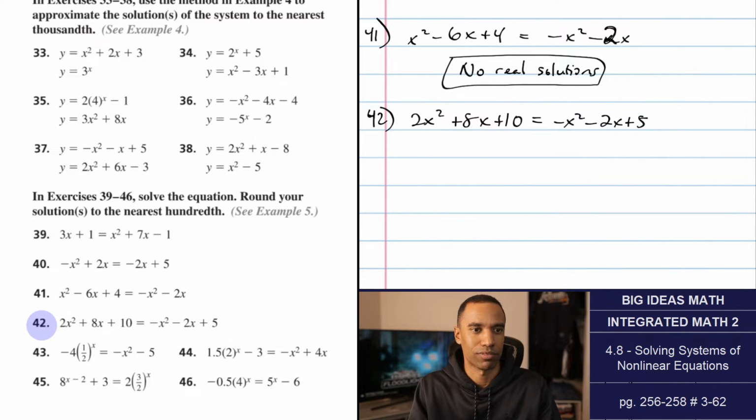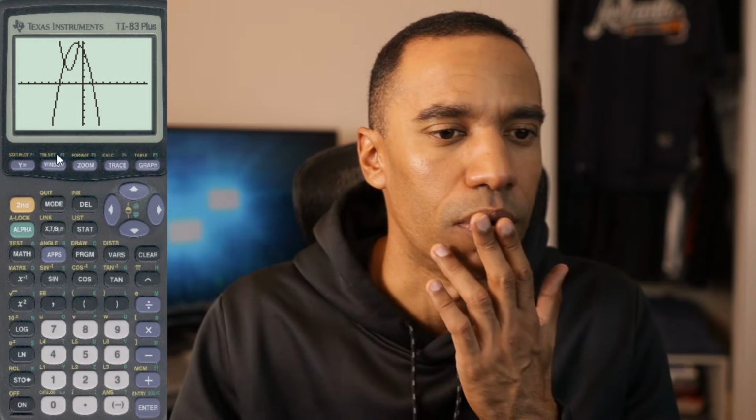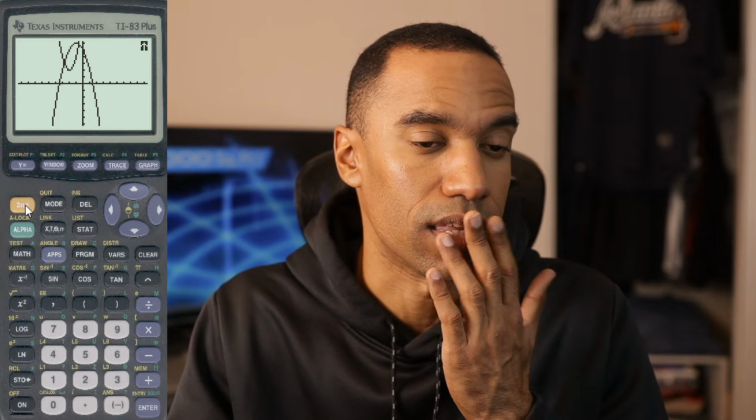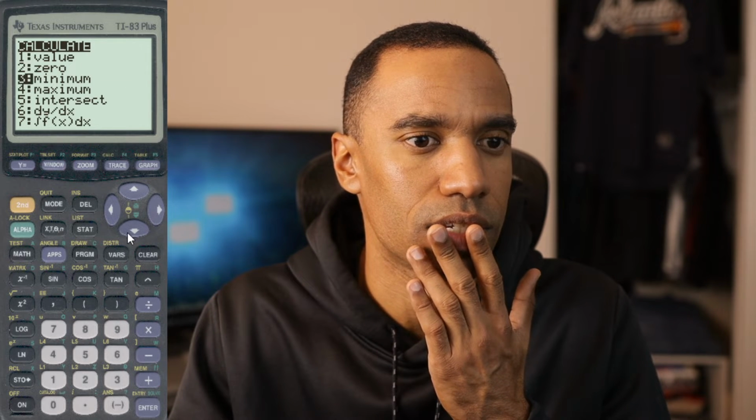This one I probably need to zoom out more for, just when I look at the left side. y equals 2x squared plus 8x plus 10, and y equals negative x squared minus 2x plus 5. All right, let's first see from here. Oh, no, it seems to kind of hit them. Cool. All right, so then they do intersect. They intersect twice.